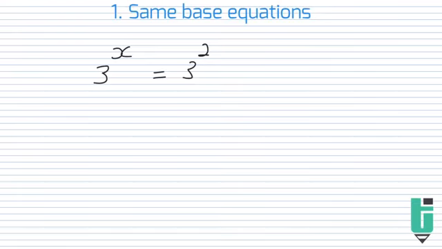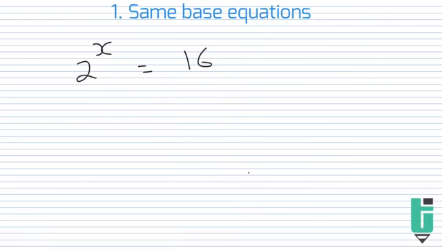Because we have a similar base, all we have to do is set the exponents equal to each other. In other words, 3 to the power x equals 3 to the power 2, which means that x has to be equal to 2 in order for this equation to be valid. So x is equal to 2. And this is a very simple example of same base equations.